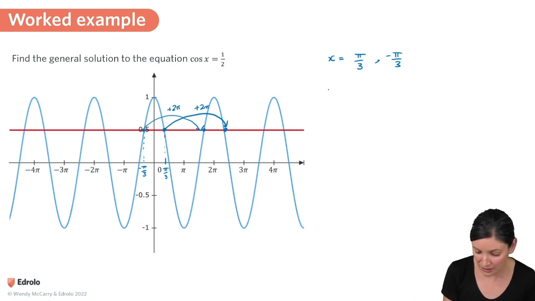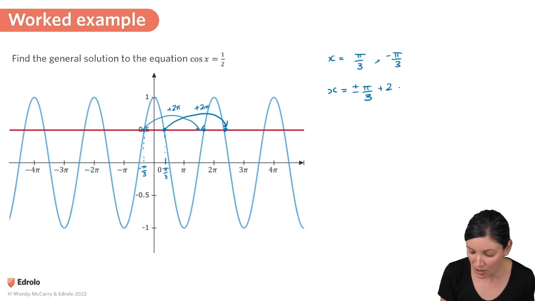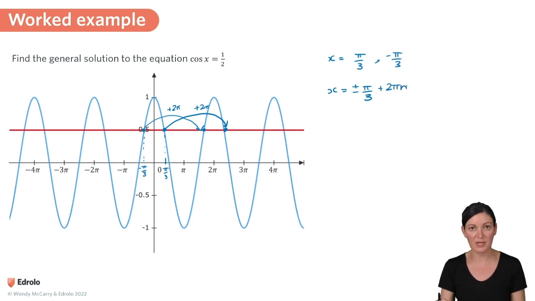So what I start with here is the negative and positive of that reference angle, and then I'm adding on multiples of 2 pi. So that's going to be my 2 pi n, and then n can be any integer value, 0, 1, 2, -1, -2, and so on. Okay, so that's my general solution there.